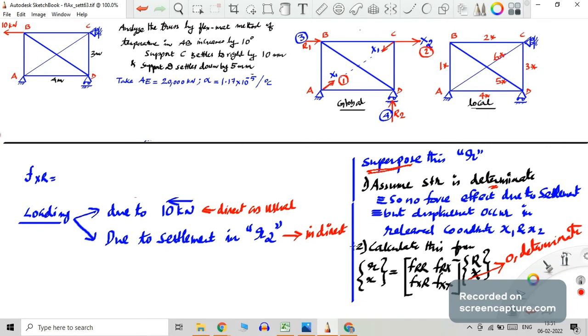So that is determinate now. When that is determinate, I will rewrite the equation here.